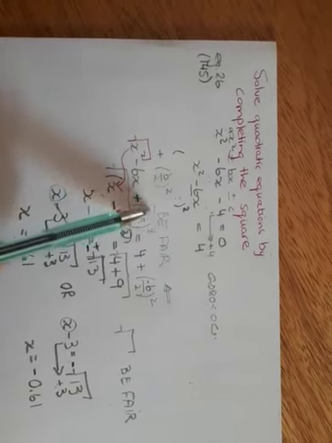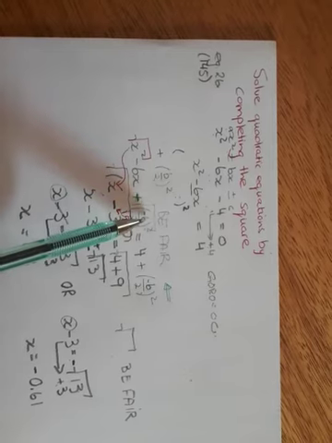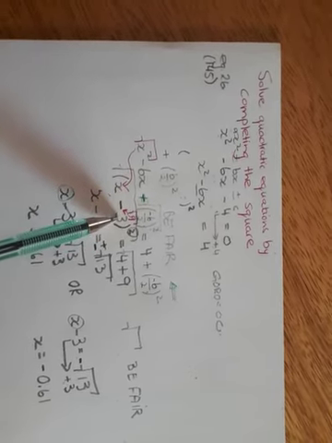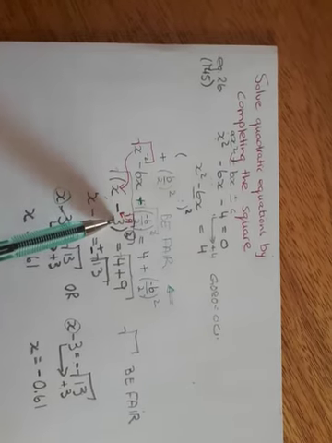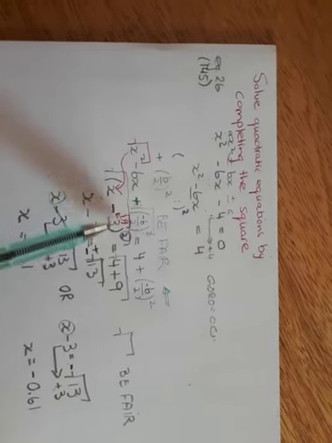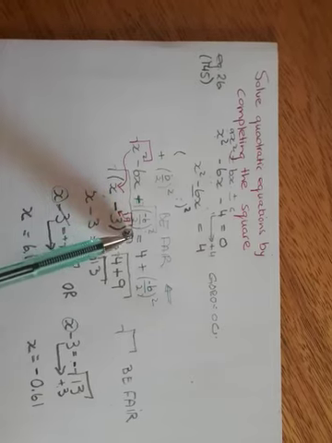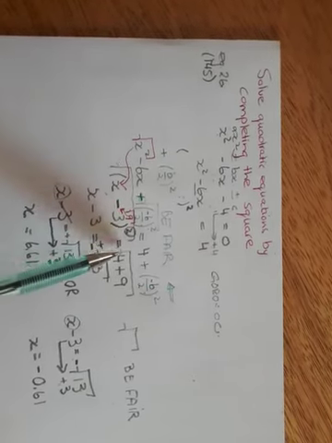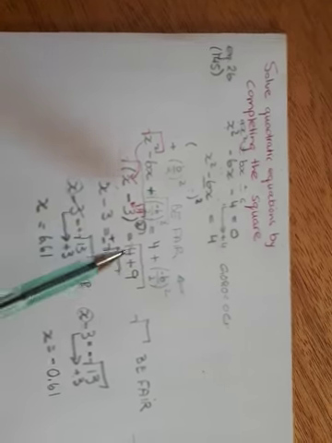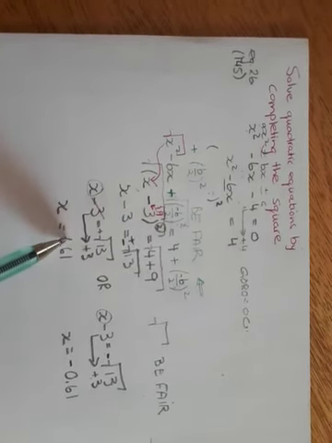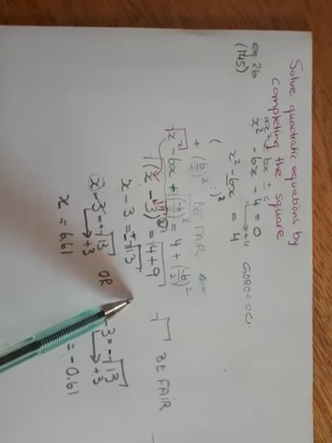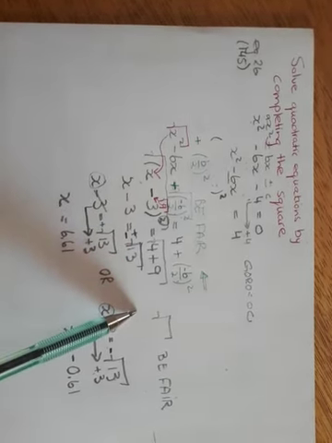In this case, it will always be the (b over 2) squared, which then gives you the second term of this bracket. Then be fair on both sides. Take the square root, and once you've got that, you will solve for x. This is a linear equation, so you're just simply going to use the usual method.